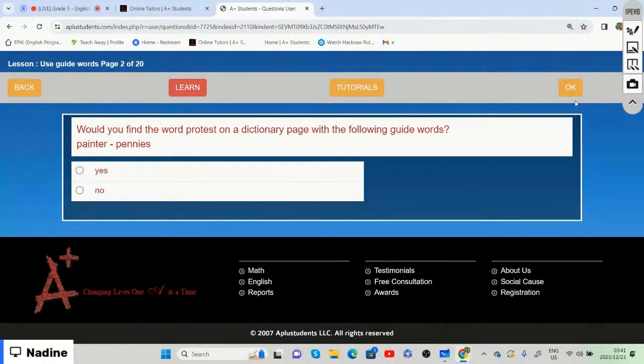All right, so basically, if we look at the word protest, protest actually comes after pennies, which means that protest will not be found on the specific page. So it's going to be no.